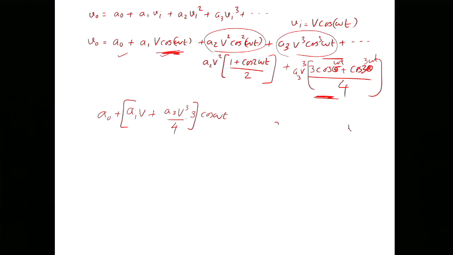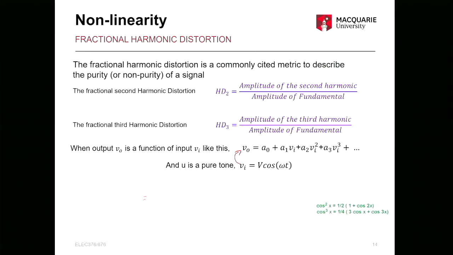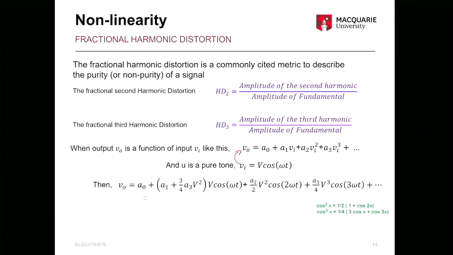So those are the coefficient or the amplitudes for cos omega t. And you go again to look for cos 2 omega t, which is A2 V square divided by 2 cos 2 omega t. Where do you go? Oh, it's all gone, sorry.